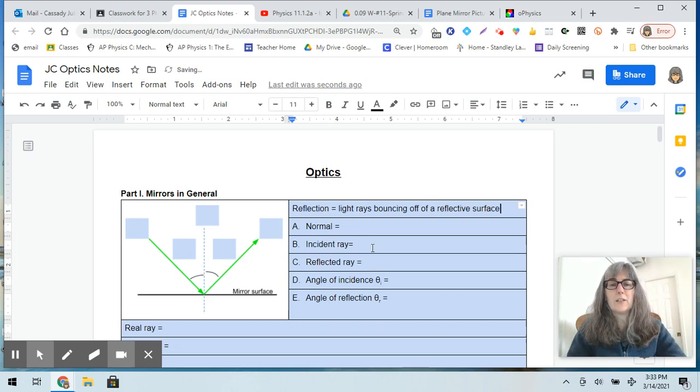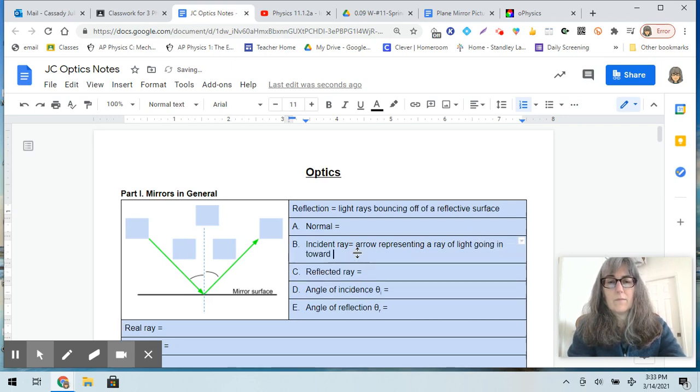And I'm going to come back to normal. I'm going to do incident ray first. Incident ray is a ray of light. So it's an arrow that represents a ray of light going in towards the mirror.